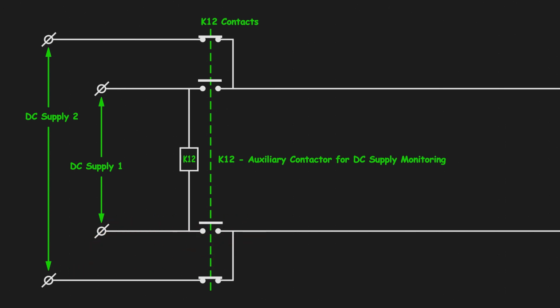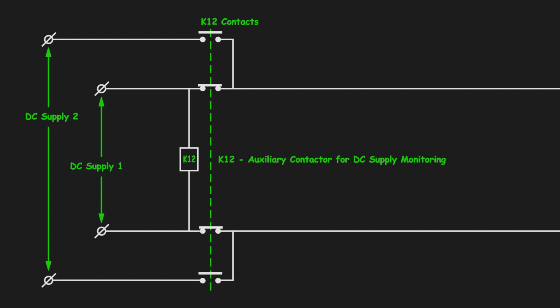Now suppose DC supply 1 recovers. Whenever supply 1 is normalized, the K12 contactor gets energized. As a result, its NO contacts will close. DC supply 1 will now be directly connected to the control circuit. This is the main line of the control circuit. At the same time, as these 4 contacts are mechanically coupled, whenever these 2 normally open contacts close, the normally closed contacts will open.